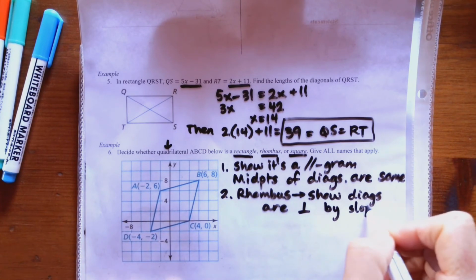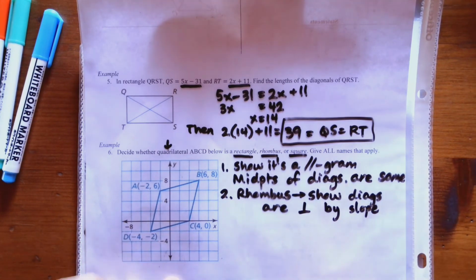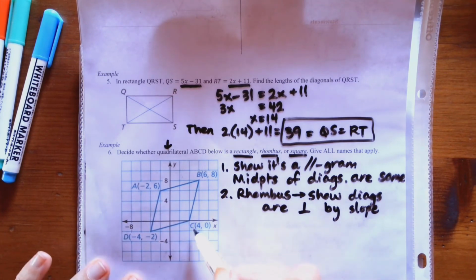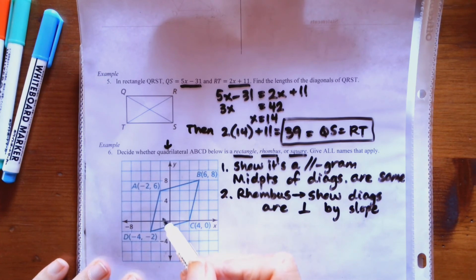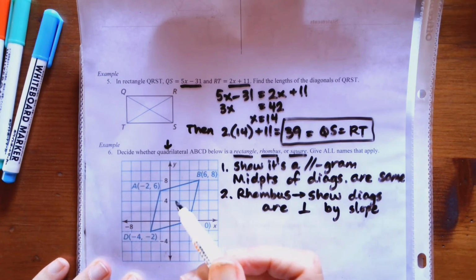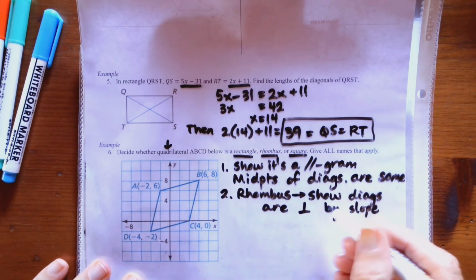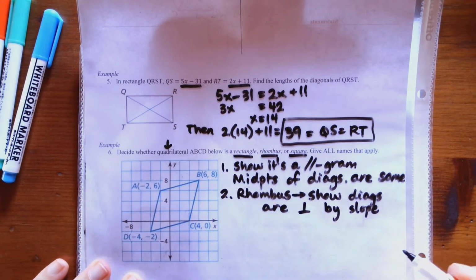That's by slope. If you find the slope of this diagonal and this diagonal, and they multiply to give you a product of -1, that's the definition of perpendicular, then it's a rhombus.